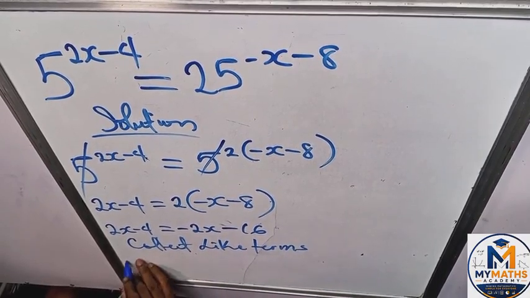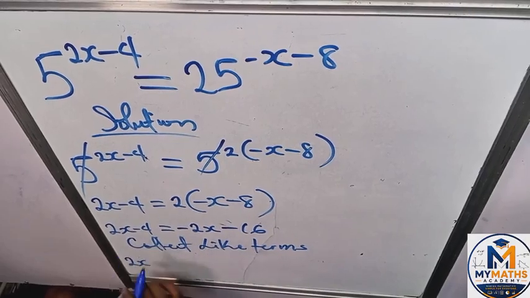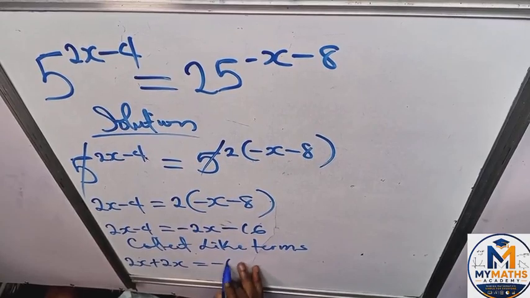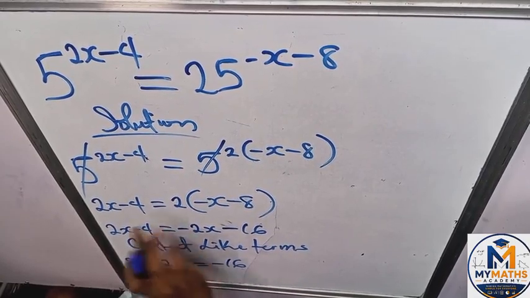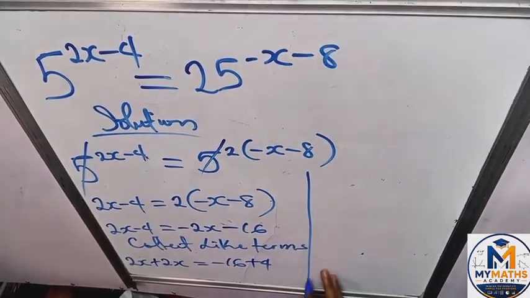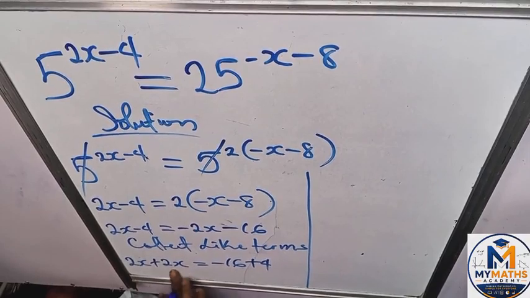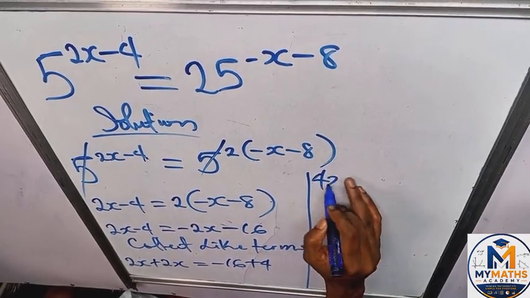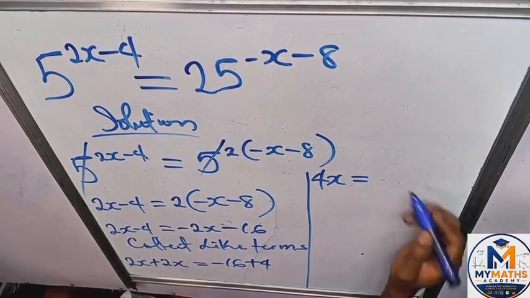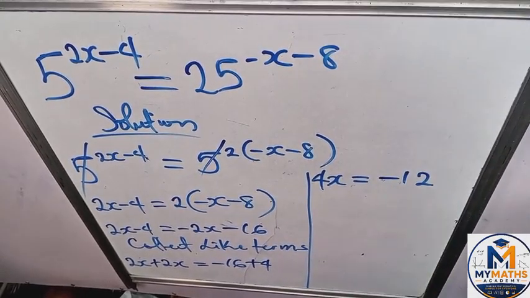Okay, so we're going to have 2x, then this 2x comes over here as plus 2x, equals minus 16, and the minus 4 will cross over, it will be plus 4. So therefore, 2x plus 2x gives us 4x equals minus 16 plus 4, which gives us minus 12.